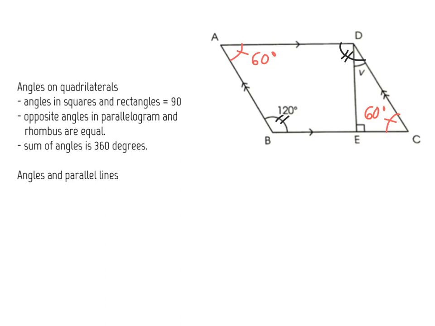And if you notice, AD over here is parallel with BC over here, and it's intersected by this other line, AB, over there.